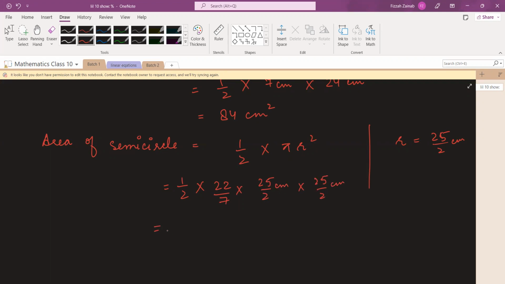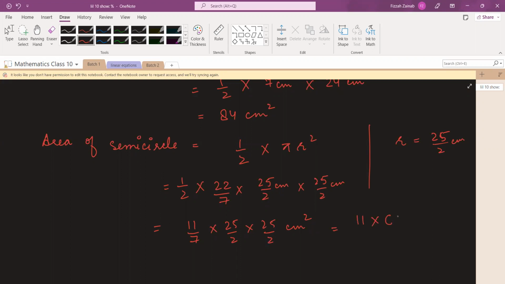Now just simplify this thing. I think you cannot cancel much here. Only this will become 11 by 7 into 25 by 2 into 25 by 2 centimeters square, right? So you can just multiply. So 25 into 25, we know this is 625.